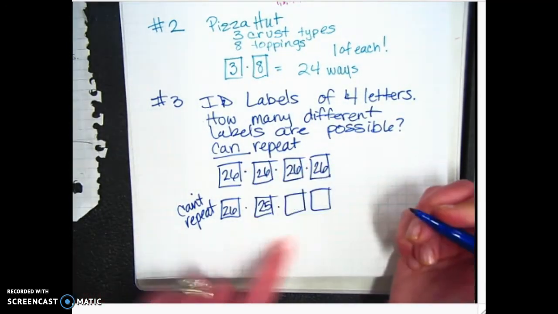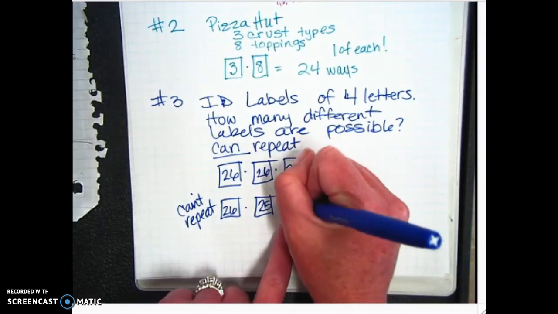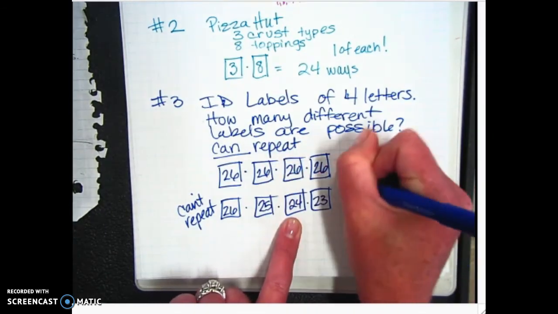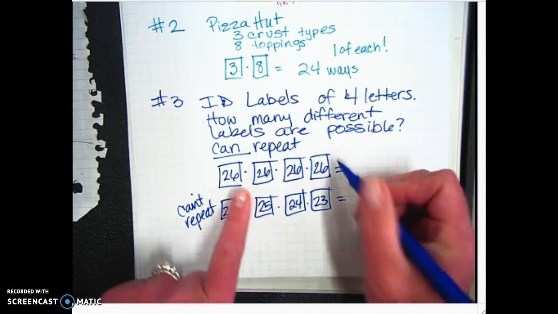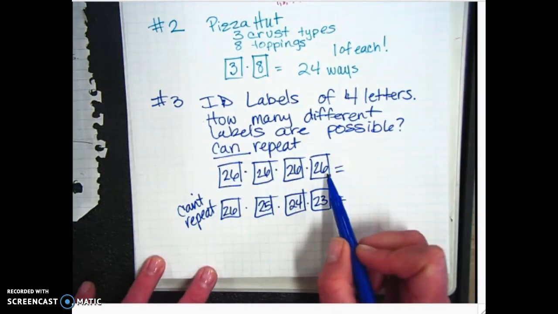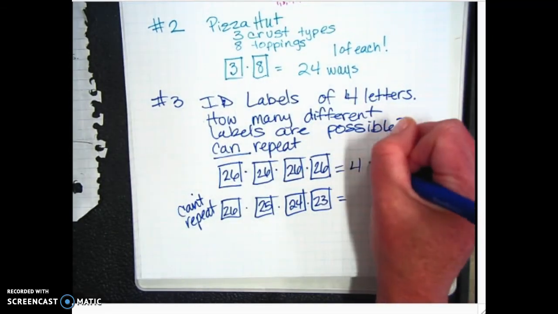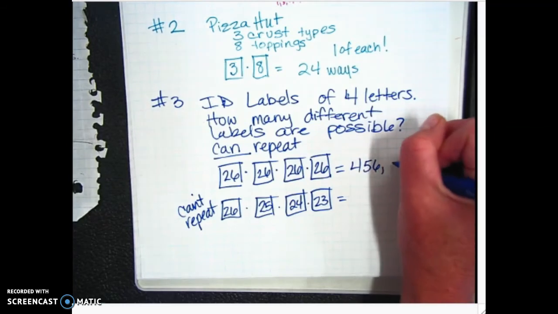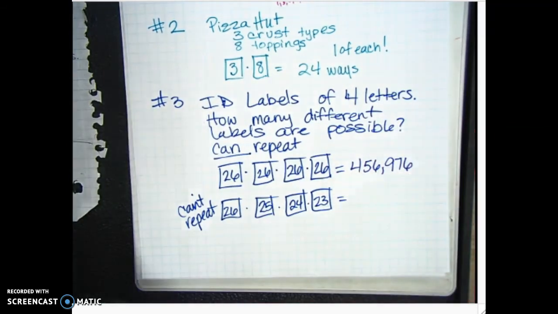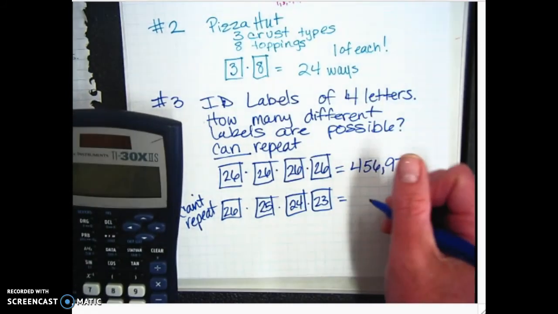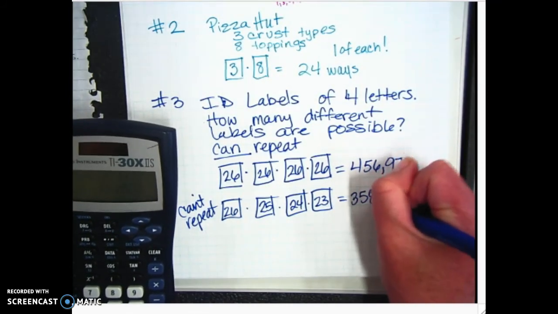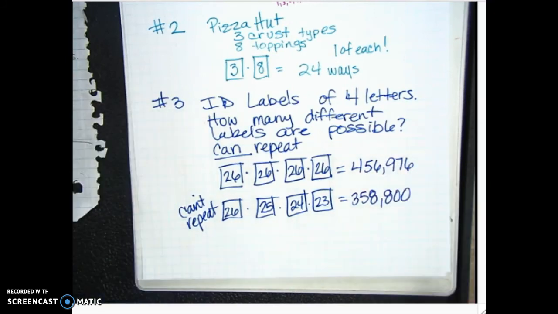What's the next choice? 24 and 23. So just read carefully. If you do 26 times 26 times 26 times 26, I have it written down, that's 456,976, versus if you don't repeat, it's 358,800.